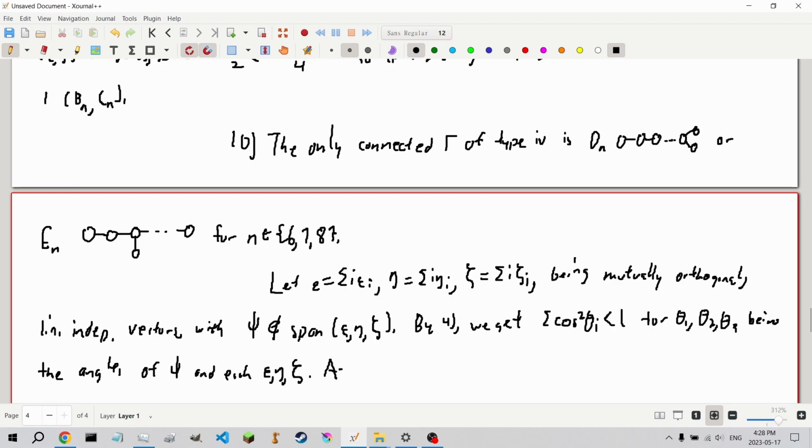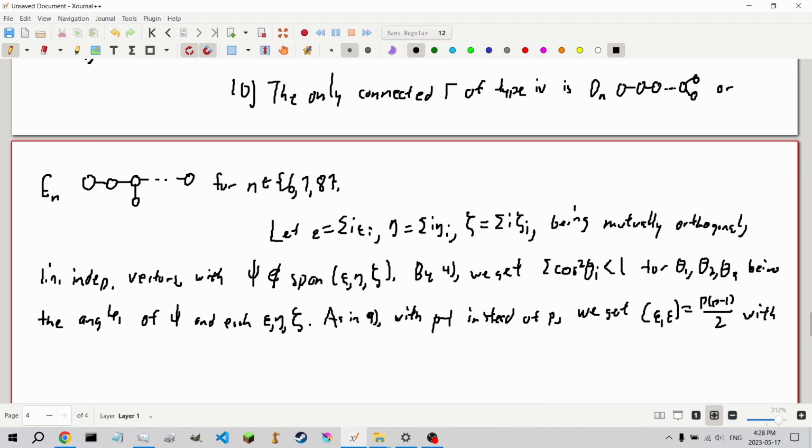As in 9, with p minus 1 instead of p, we get that epsilon, the form of epsilon with itself, is p minus 1 over 2, with similar results for the other two.